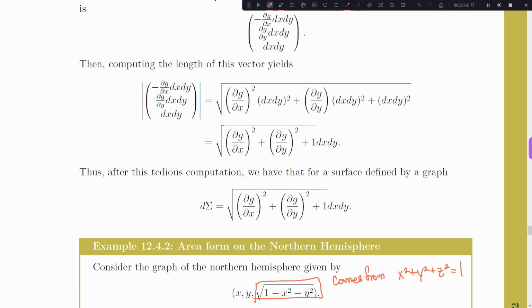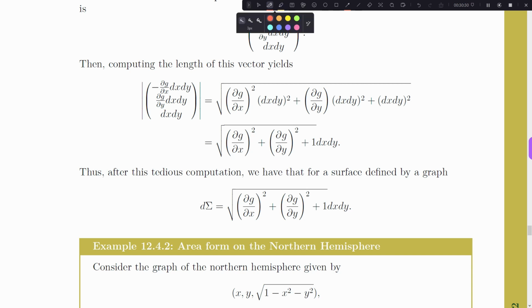That's my unit sphere, or my sphere in 3 dimensions with radius 1. Solve for z. We get z equals root 1 minus x squared minus y squared. And of course, if I'm writing my graph in terms of x, y, and z, there's my z. So this z and that z are the same. That's where that comes from.